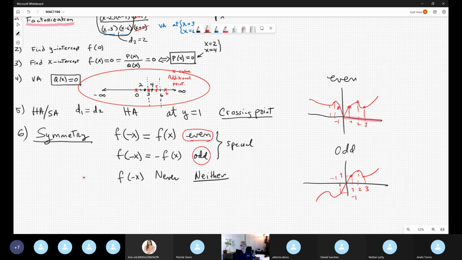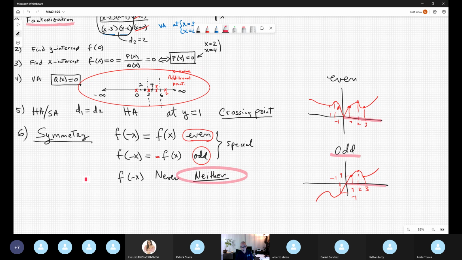It's opposite sign. Therefore, it's easy because you need to compute only the positive part, because I know, according to that kind of symmetry, that the negative part is exactly the same value but opposite sign. And unfortunately, if it's neither, then you need to do the positive part and the negative part separately.